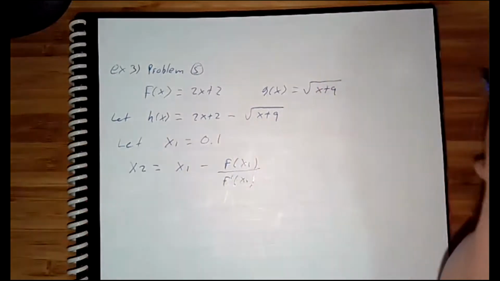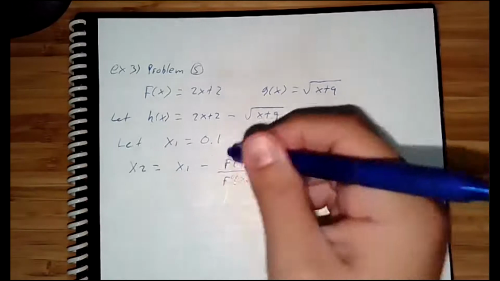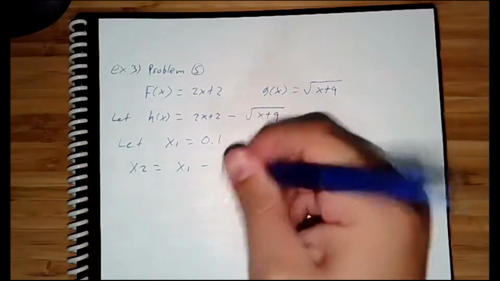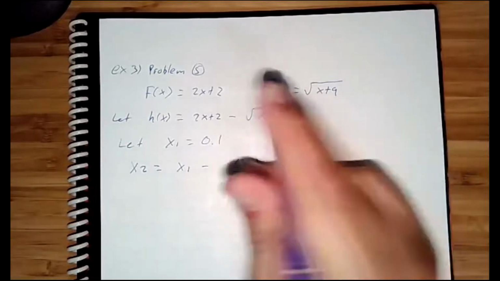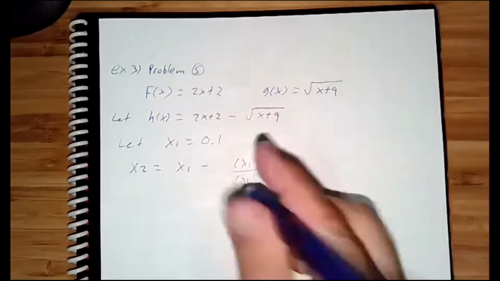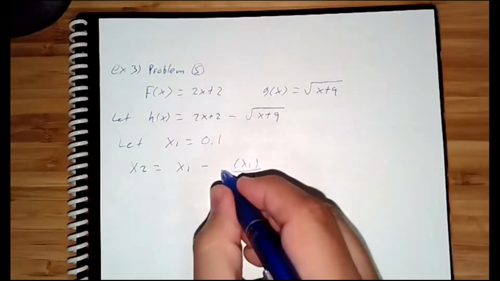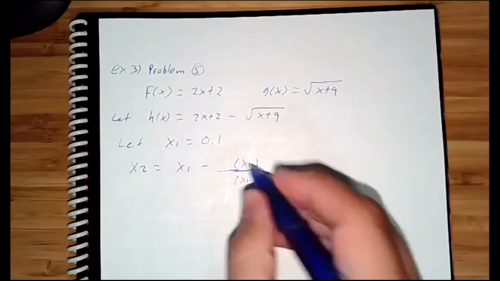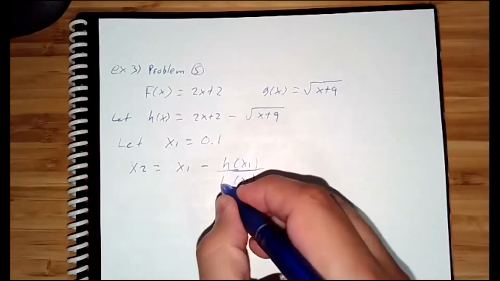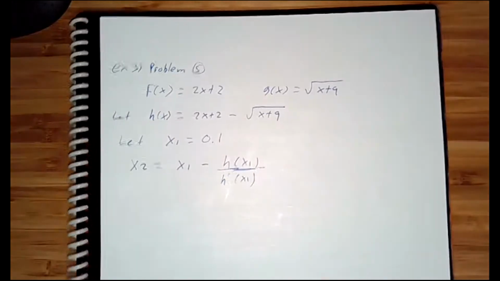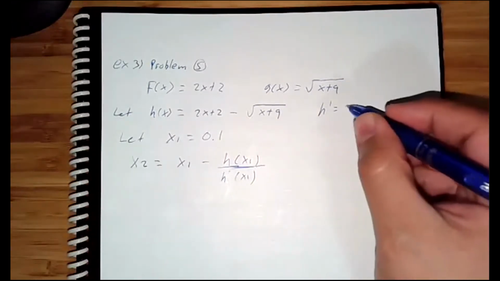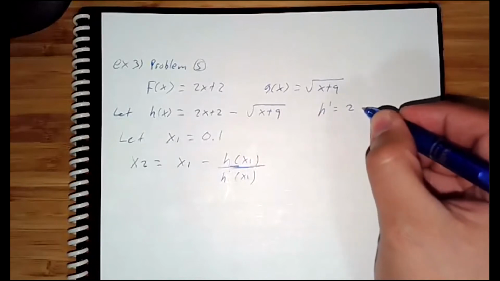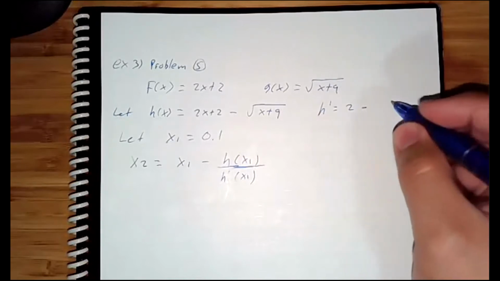So I'm using h, so I'm going to change this to h. So h prime will be 2 minus, no, it's going to be an ugly one.